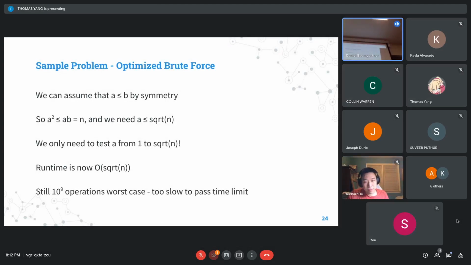Actually, yeah. So this is still a brute force method, but it improves the running time. Before, remember, we were doing it proportional to n because we were literally testing everything from 1 to n. Now the trick for reducing that to a smaller time complexity, which is root n in this case, and root n is smaller than n, is this: whenever you have a number that's divisible by two other numbers, one number will always be smaller than the square root and one number will always be greater than the square root.